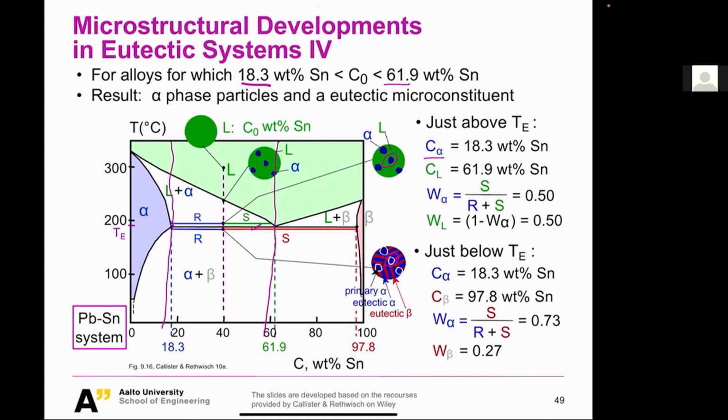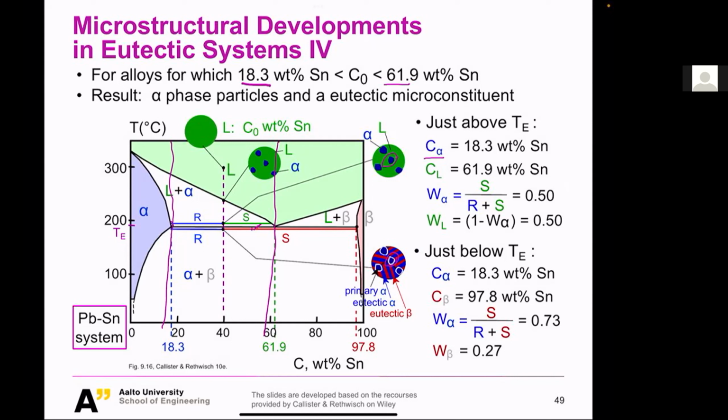But you have your liquid solution over there, and you have exactly the eutectic composition for your liquid. And right below the temperature, your liquid will start to generate this eutectic microstructure, this layered alternating microstructure with the alpha and beta. So exactly looking like this.